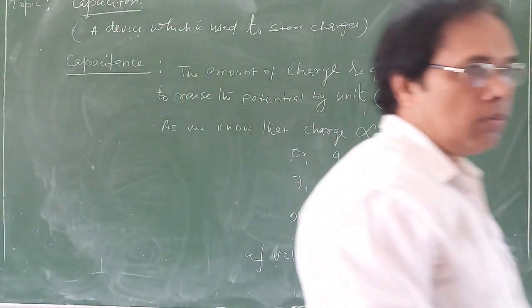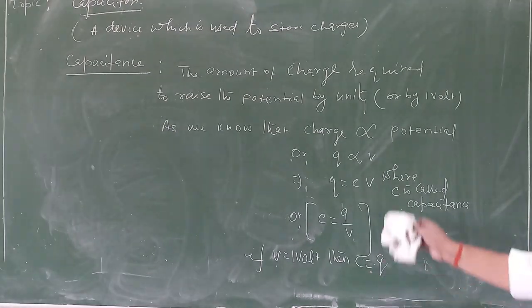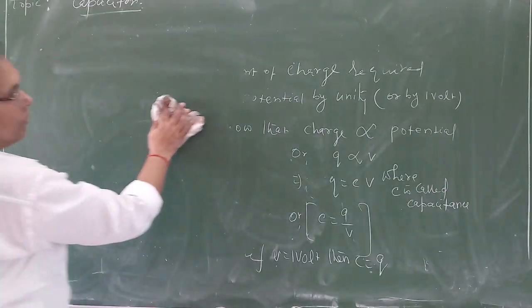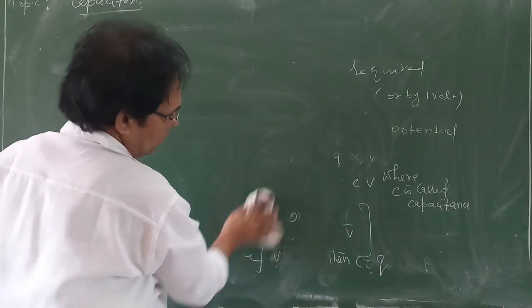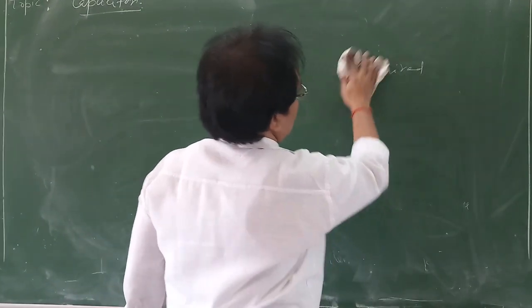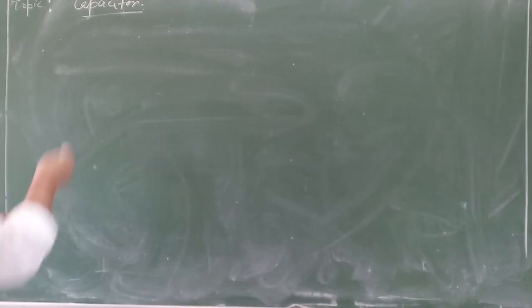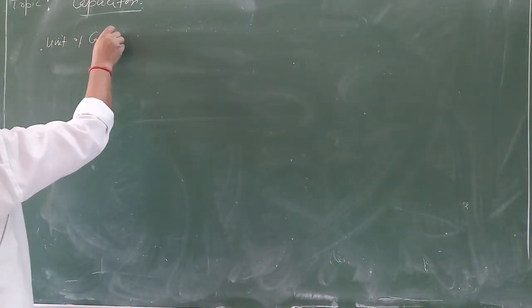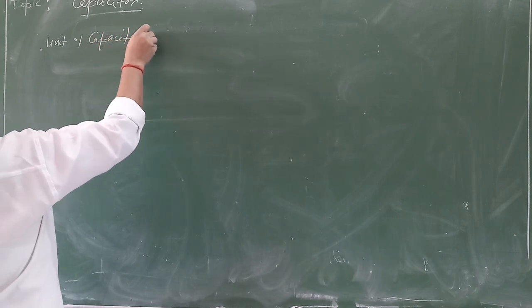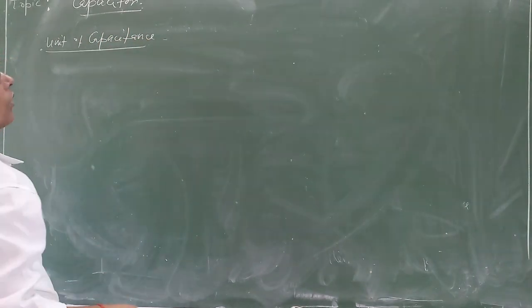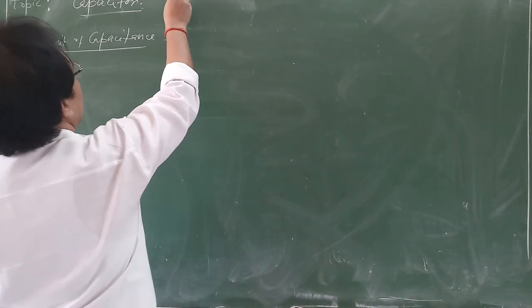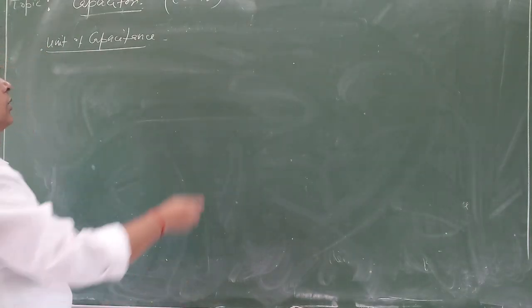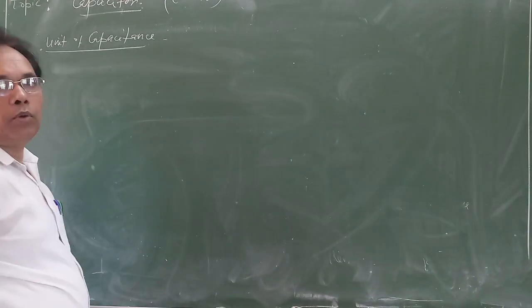Now, the unit of capacitance. You can obtain the unit of capacitance from this formula, C equal to Q by V. Q is the charge, V is the potential.